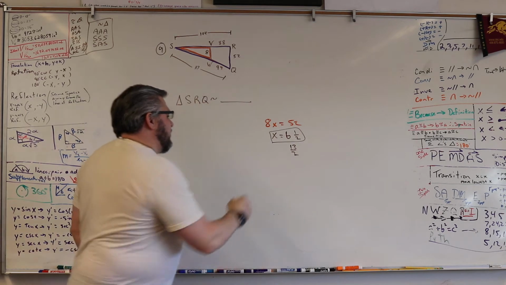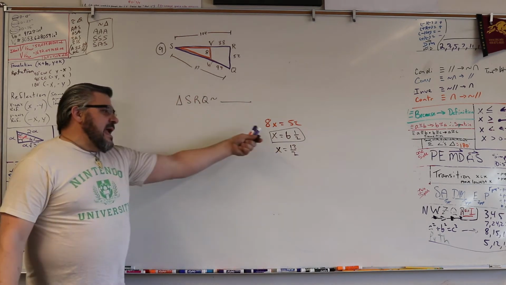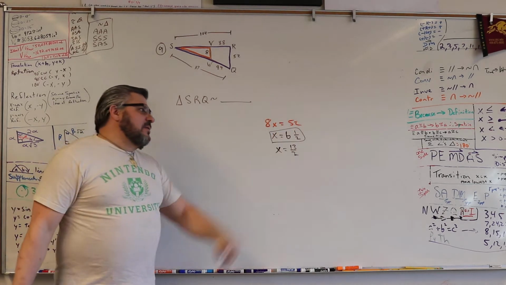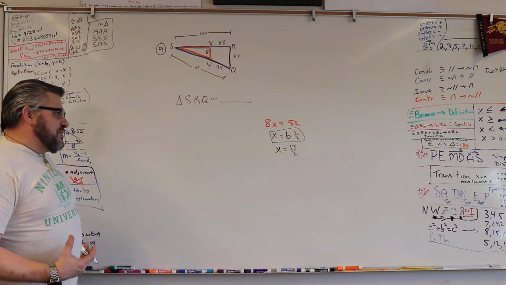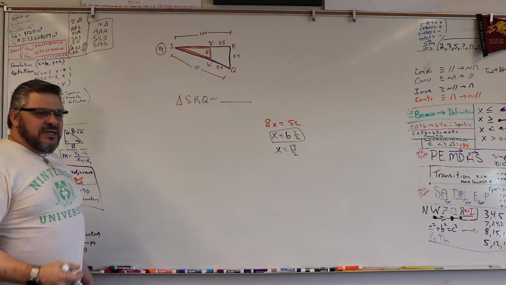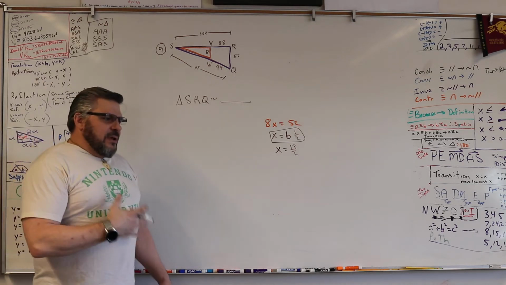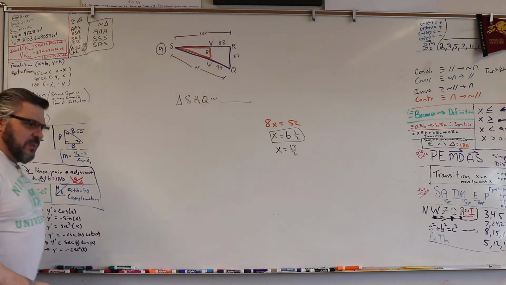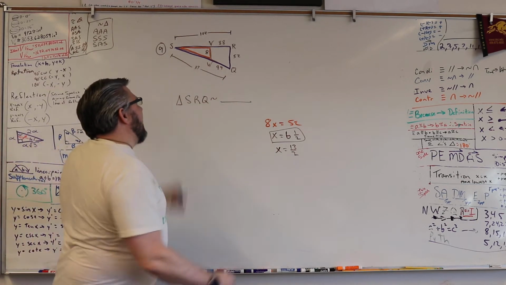So 13 over 2 times 8 should give 52. Is it true? Well, 2 goes into 8 4 times. What's 4 times 13? 4 times 10 is 40, 4 times 3 is 12. 40 and 12 is 52. So it works. It works for that side.